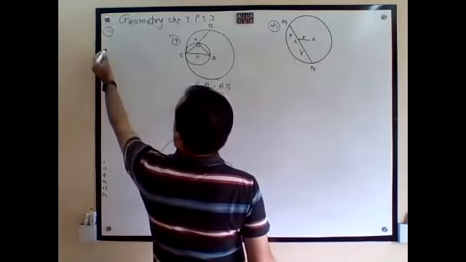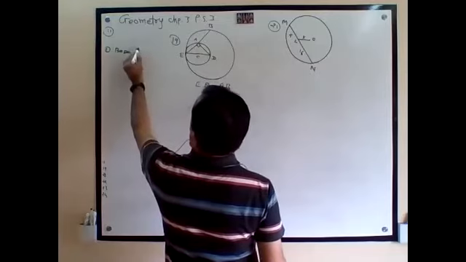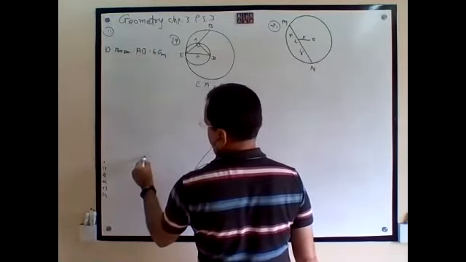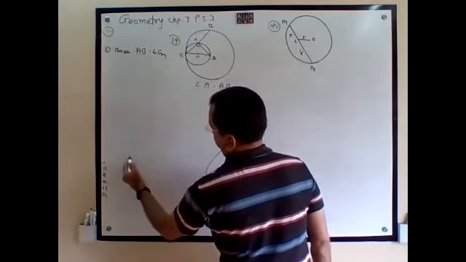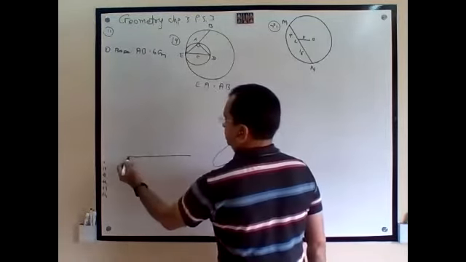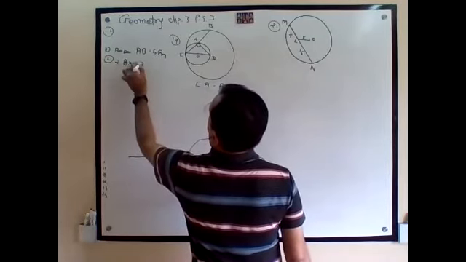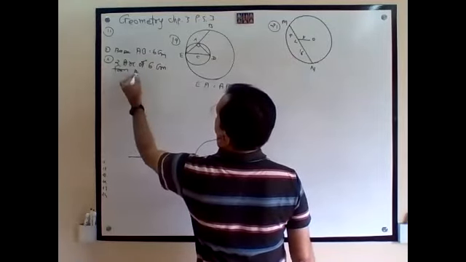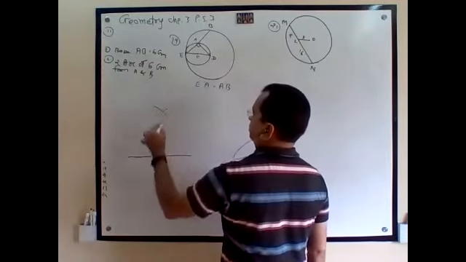Step number 1: draw the base AB of 6 centimeter. Then draw two arcs of 6 centimeter from A and from B. From here 6 centimeter, from here 6 centimeter.